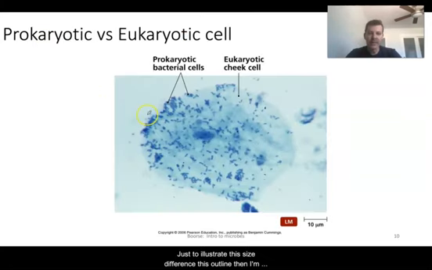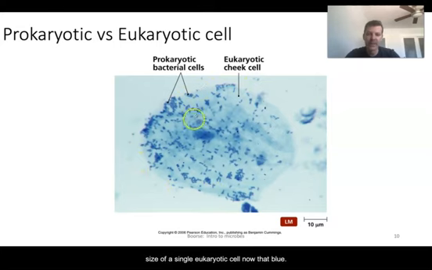Just to illustrate this size difference, this outline that I'm highlighting right now is a single eukaryotic cell that comes from the inside of our mouth, so our cheek cell. So if you scrape the inside of your cheek, some of those cells will come off and you can put them on a slide. So that's the size of a single eukaryotic cell. That blue dot is the nucleus, this blue dot right there.